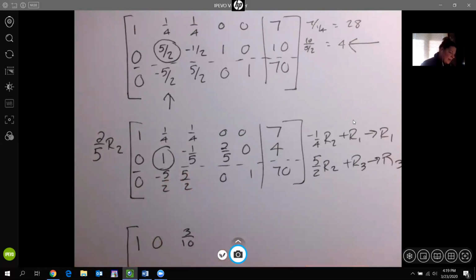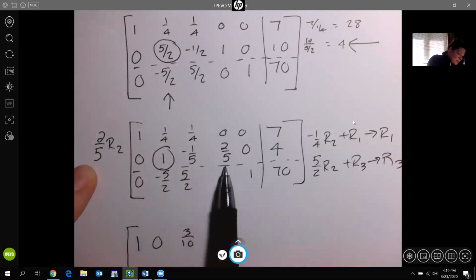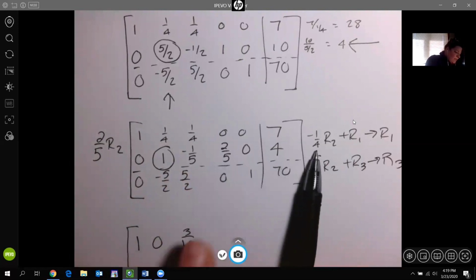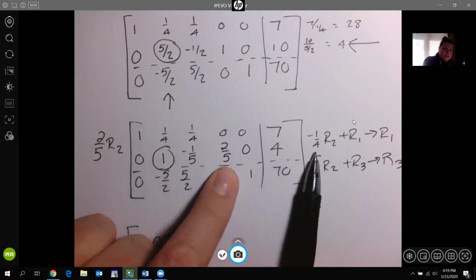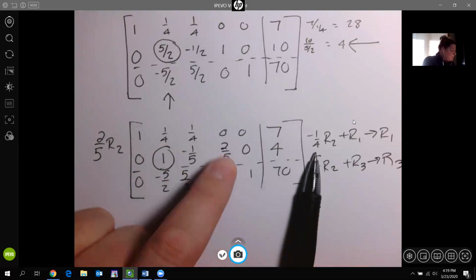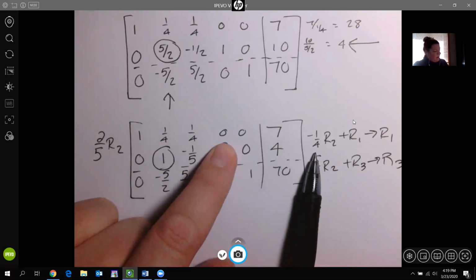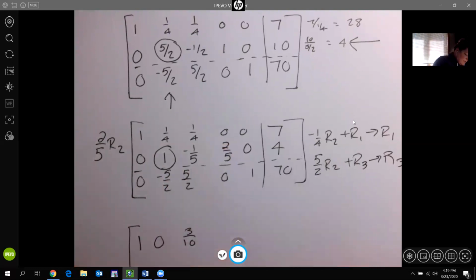Okay, and then, where was I? Negative 1/4 times 2/5 is negative 2/10 plus 0 is negative 2/10.